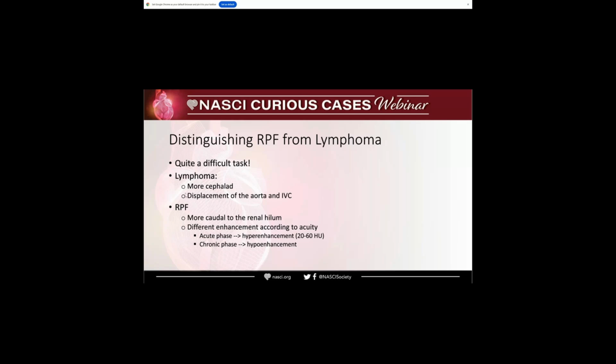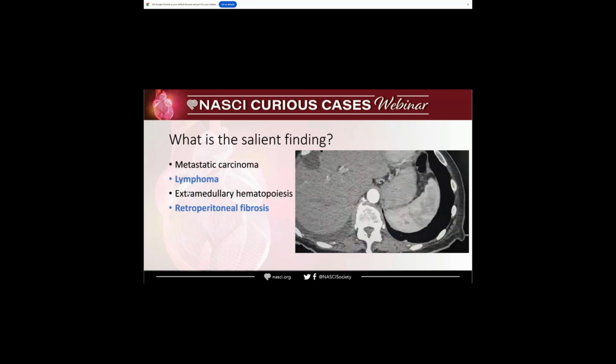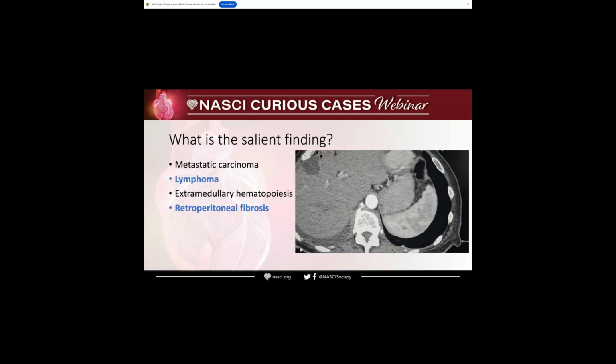In the chronic phase, the amount of inflammation subsides and we see mainly scarring, so it really doesn't hyper-enhance.